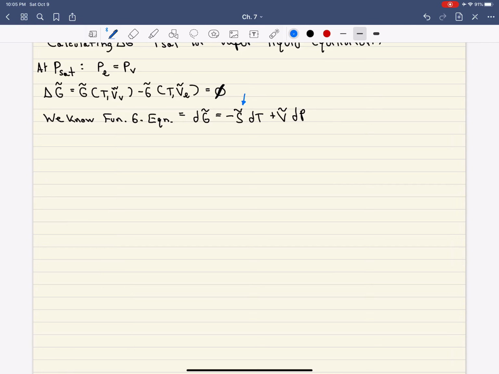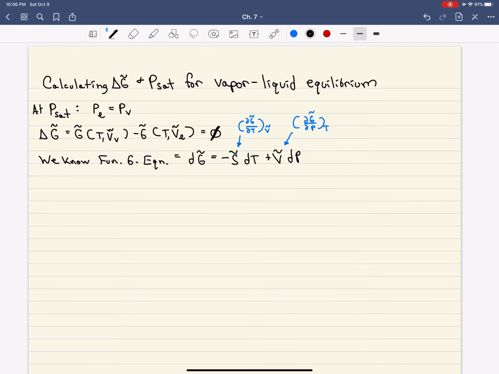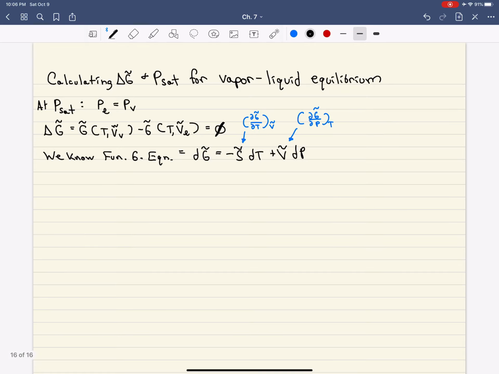Where the negative S is just the partial derivative dG/dT at constant V, and the molar volume here is the partial derivative dG/dP at constant T. Okay. All right. And when we're identifying the saturation pressure, we're going to do this at an isotherm.